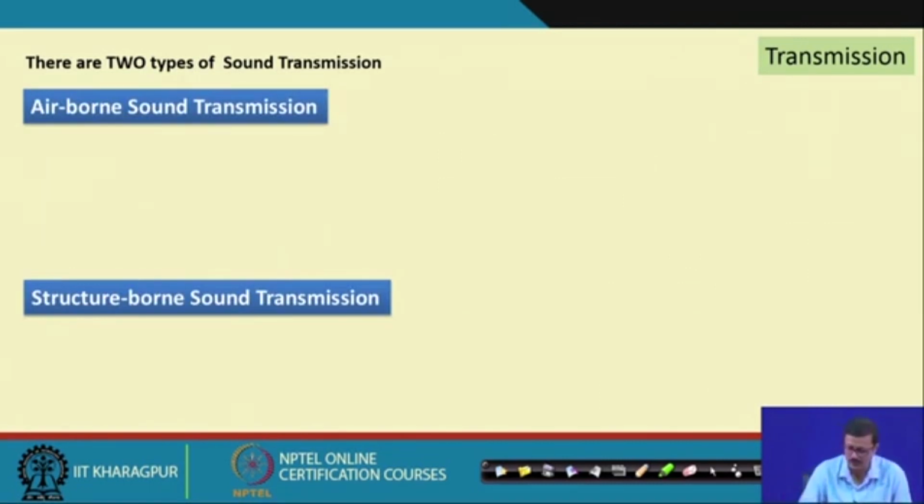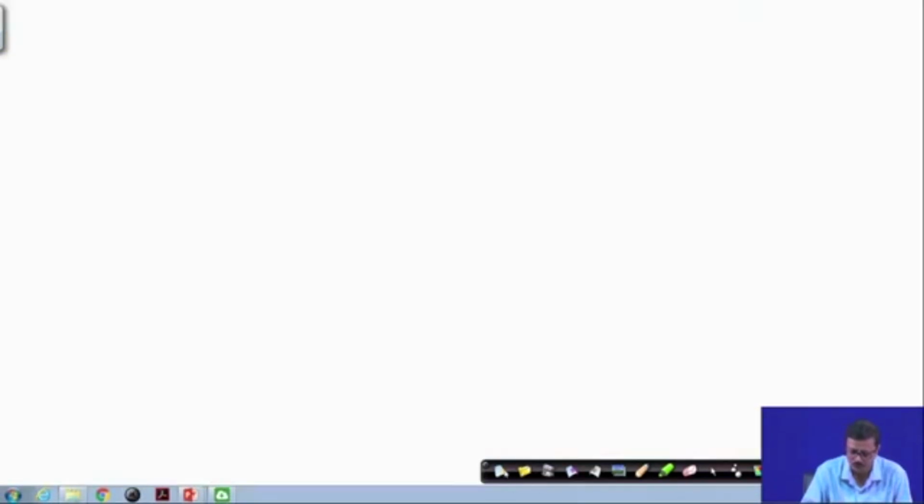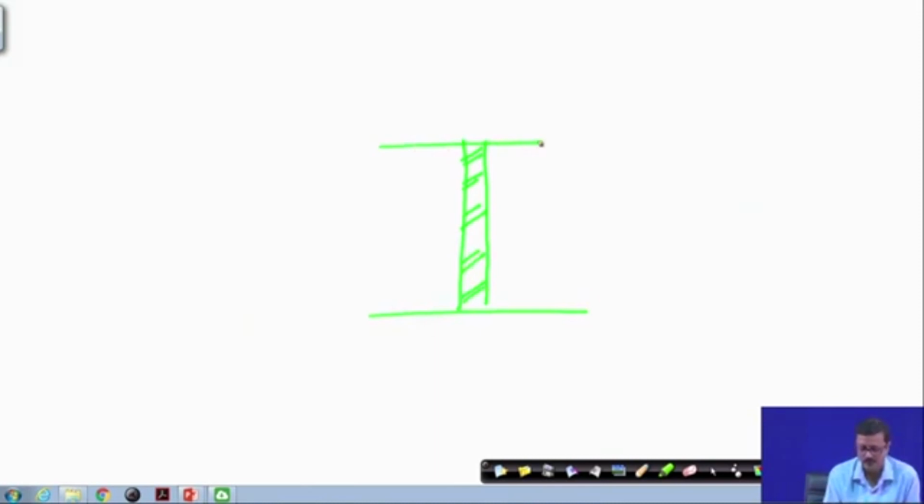So, in airborne and structure borne sound transmission, suppose this is a particular wall, a brick wall or any wall of any such material, and this is the source room and this is the receiving room, and a high level sound is incident on this partition wall between these two rooms.